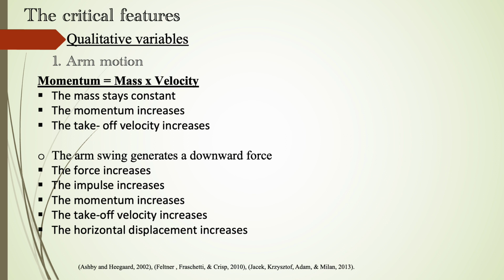The greater momentum will result in an increase of takeoff velocity and a greater horizontal displacement. The muscles crossing the shoulder and elbow joints do work and impart energy that is transferred to the rest of the body. This added energy of the system may serve to increase the horizontal and vertical displacements, and augment the velocity of the center of gravity at takeoff.